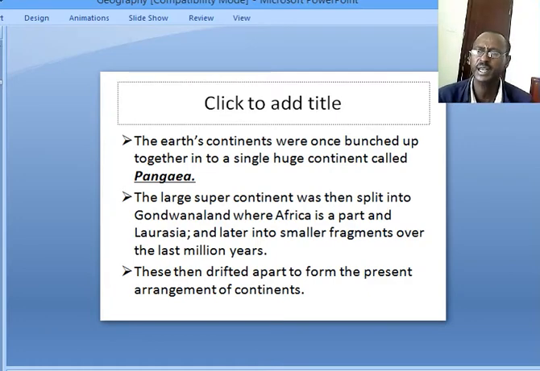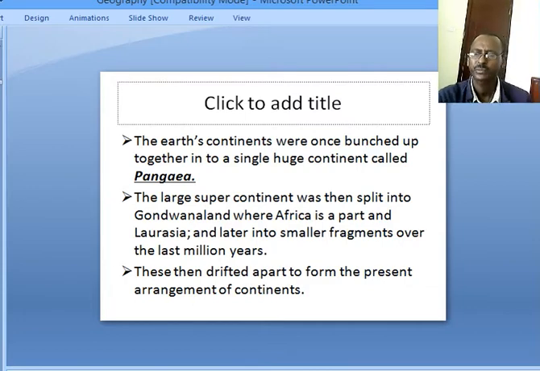There were continents which were once bunched up together into a single huge continent called Pangaea. Millions of years ago there was a Pangaea. This large supercontinent started to split into what we call Gondwanaland, of which Africa is a part, and Laurasia, and later into smaller fragments over the last million years.